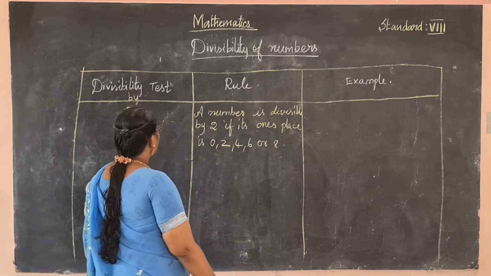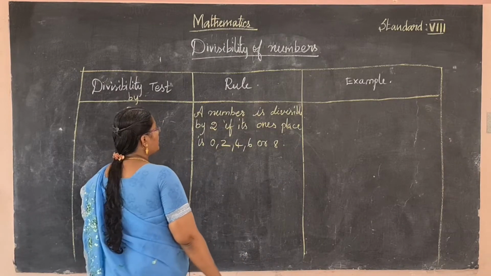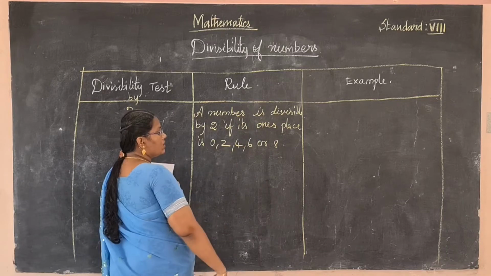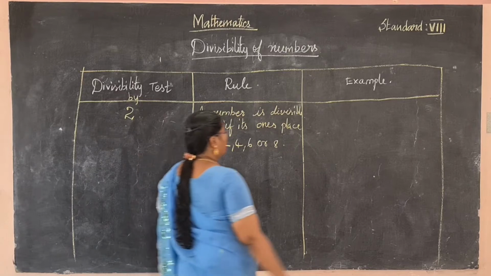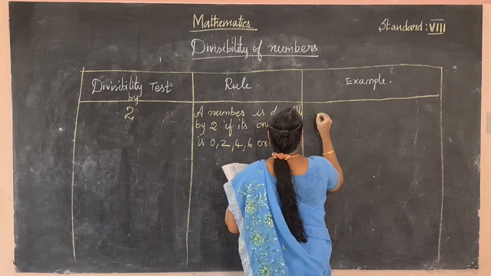So if the ones digit of the given number is 0, 2, 4, 6 or 8, then the given number is divisible by 2.